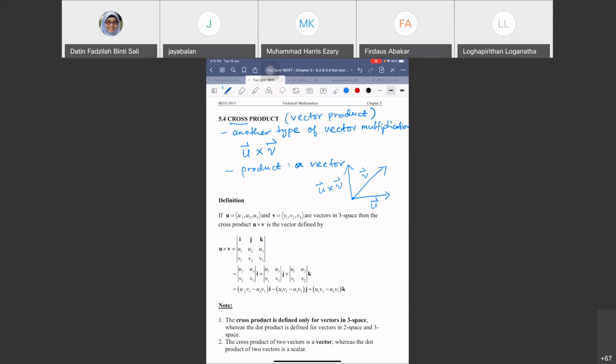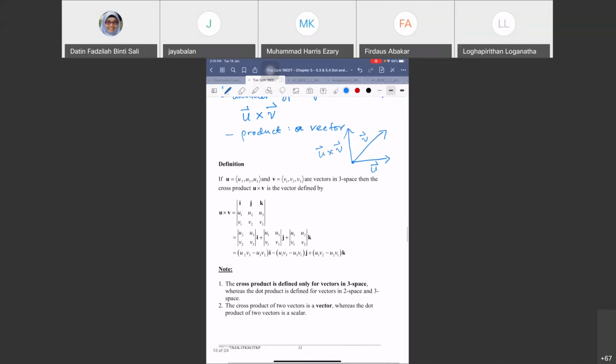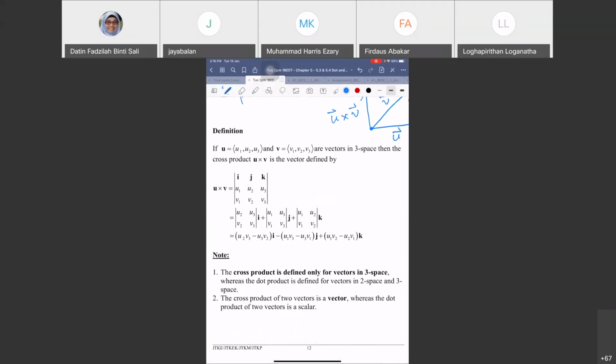To proceed, let's look at how we find a cross product using components. If you look at this definition, this illustration, this method, perhaps it rings a bell.